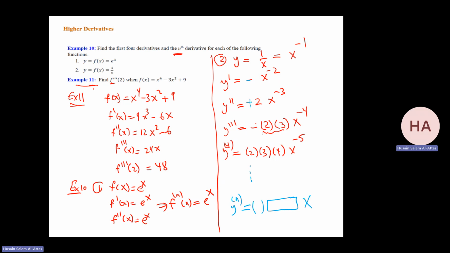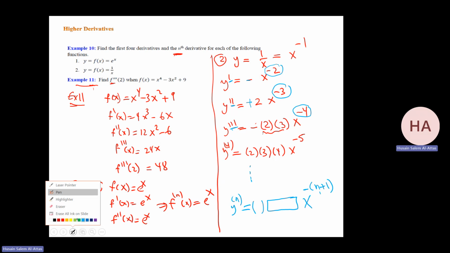For the powers, I have minus 2 for the first derivative, minus 3 for the second derivative, minus 4 for the third derivative. So I can write it as minus n plus 1. If I have the first derivative, it will be minus 1 plus 1, which is minus 2. Second, if n equals 2, that will be minus 2 plus 1, which is minus 3, and so on. So this is the first thing.